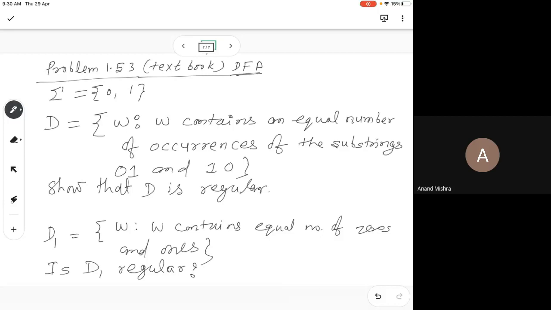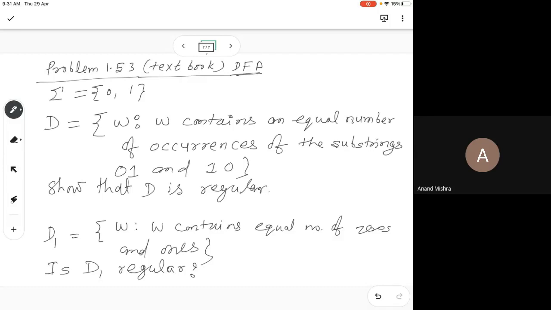No. Right? You may not be able to design an automaton for such a language which contains equal number of zeros and ones, right?